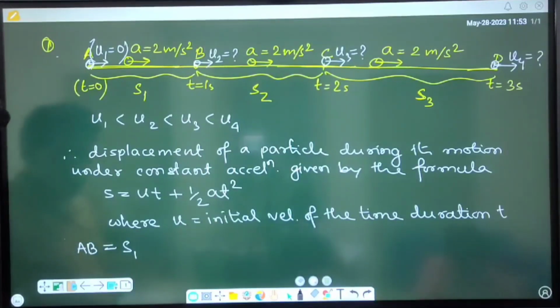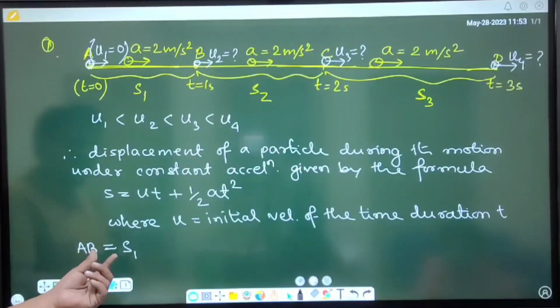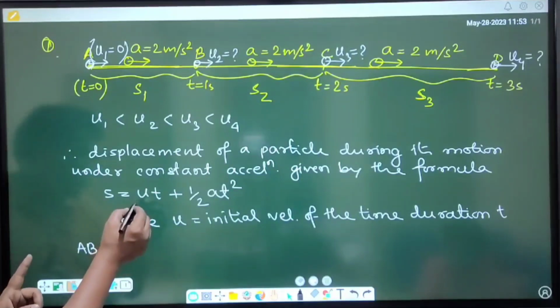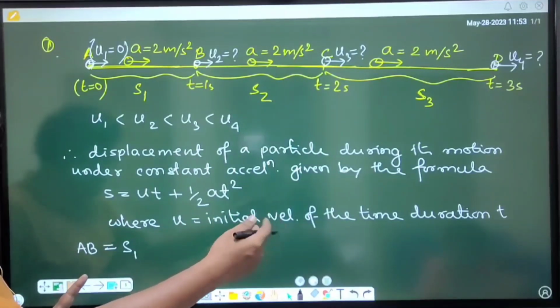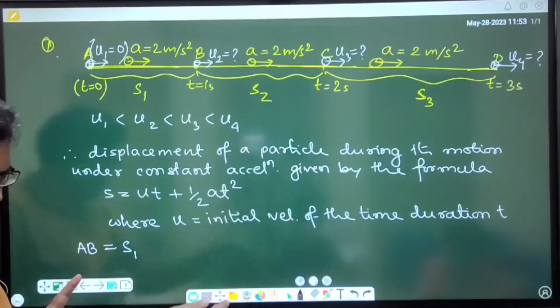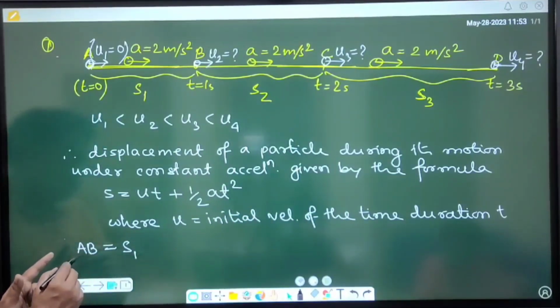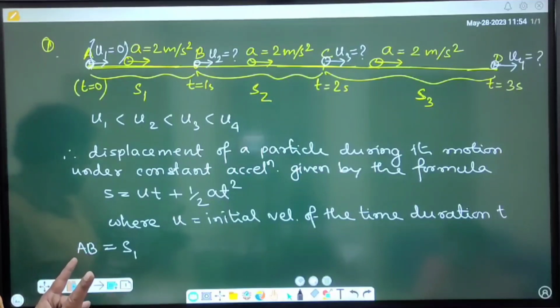So in the journey AB, represented by S1, A being the starting point, in the formula u is the initial velocity of the journey of time duration t. In every displacement measurement, listen to me carefully, you must have a clear idea about the starting position.